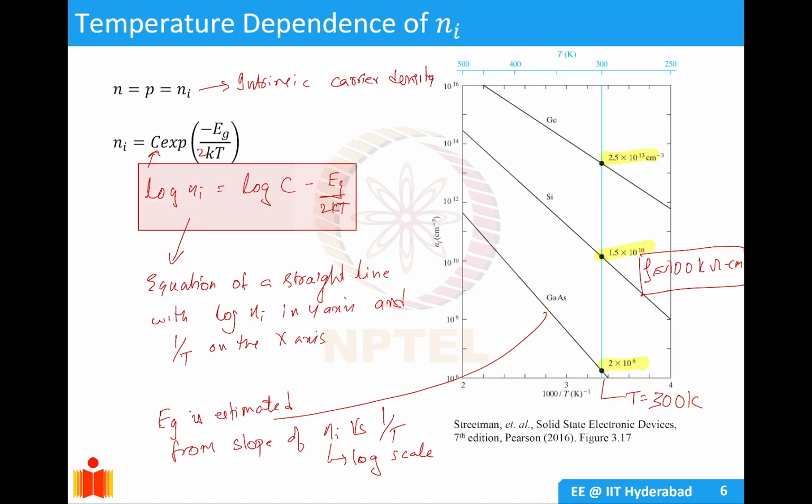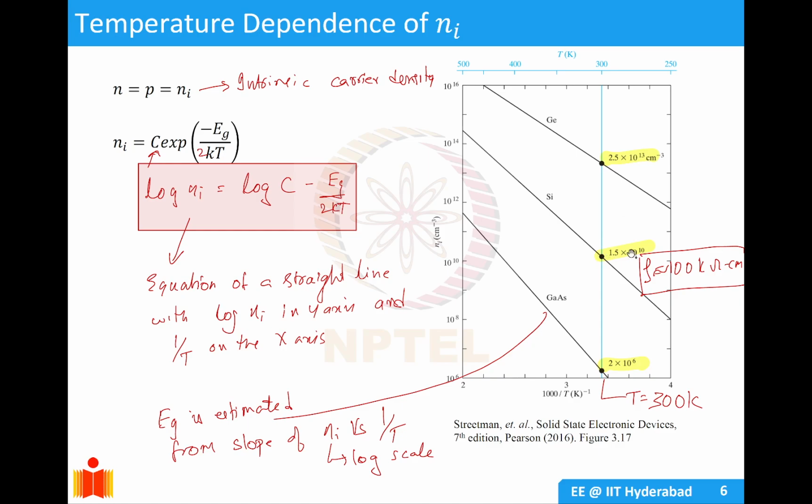And this plot gives you the carrier densities at different temperatures for different materials. For gallium arsenide at 300 K, you will have 2 into 10 to the power 6 per centimeter cube. For germanium, 2.5 into 10 to the power 13 per centimeter cube.